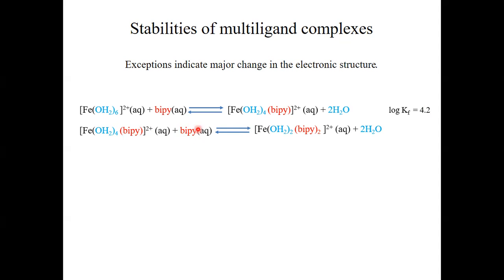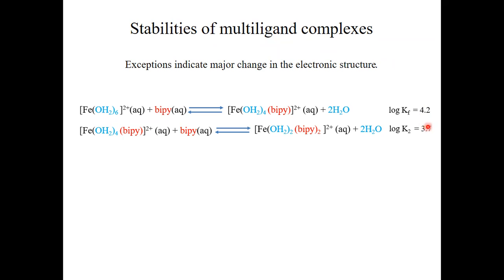Add a bipyridyl ligand to give a diaqua bis-bipyridyl iron 2+ and two free water molecules. When we look at the associated equilibrium constant with this reaction, we'll find that it is 3.7. So this is what we would expect: there's a decrease in Kf as we go from the first reaction to the second reaction.